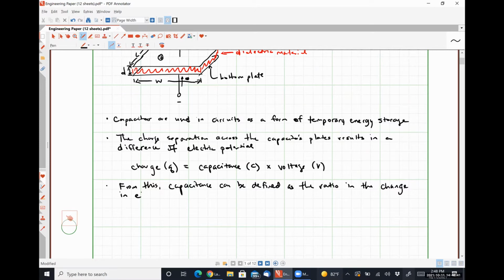In electric charge of an element due to a corresponding change in electric potential.